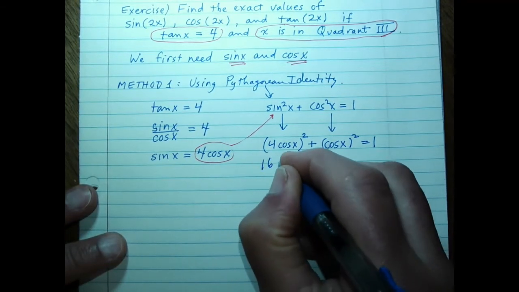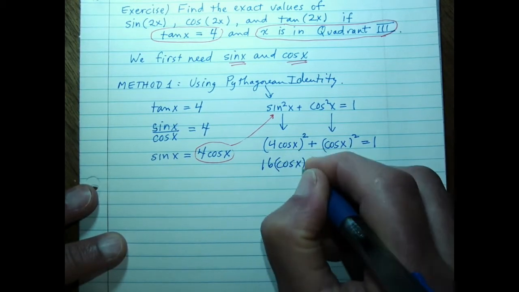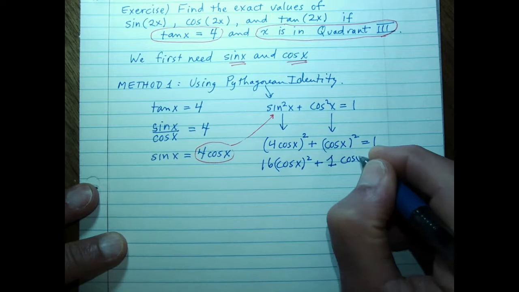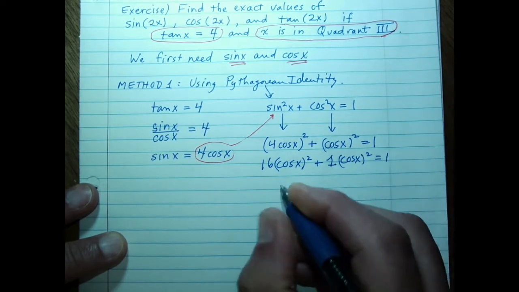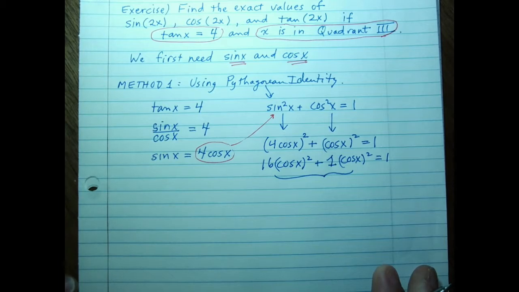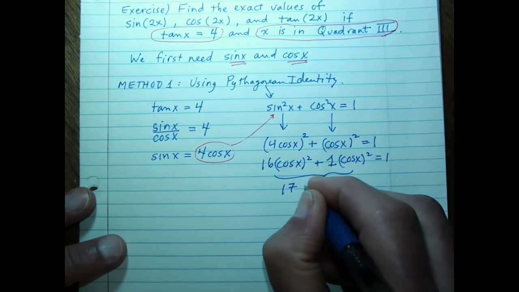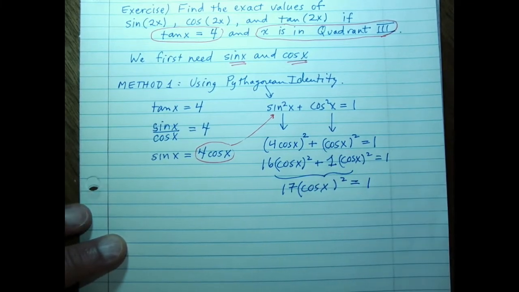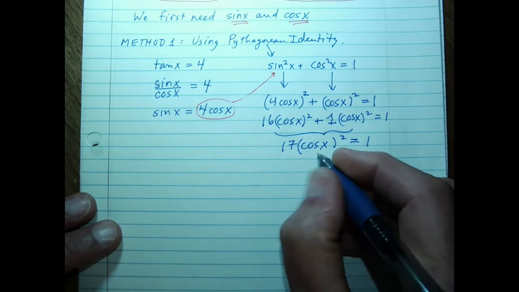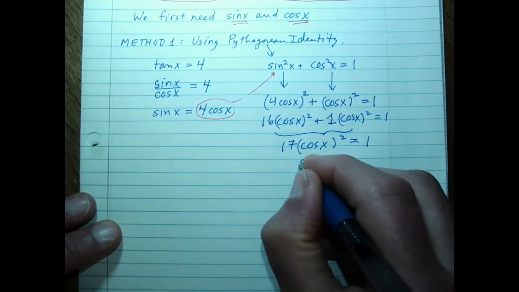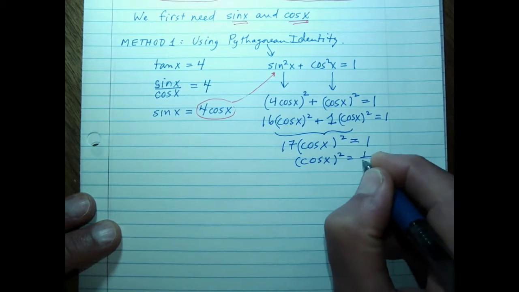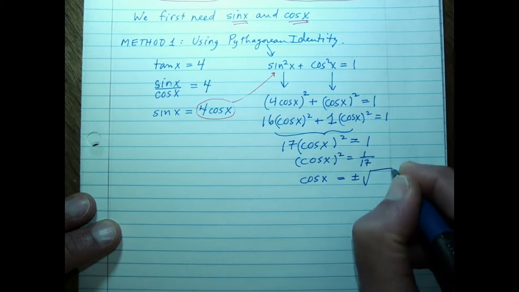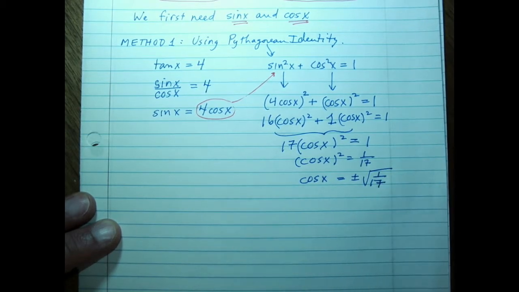I get 16 cosine x squared plus 1 cosine x squared equals 1. And then I'm going to combine like terms on the left-hand side. 16 plus 1 is 17. 17 cosine x squared is 1. And now divide by 17, cosine x squared is 1 over 17. And now I take square roots. So cosine x is plus or minus the square root of 1 over 17.